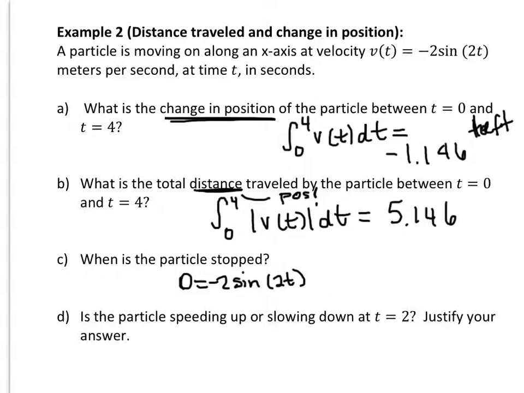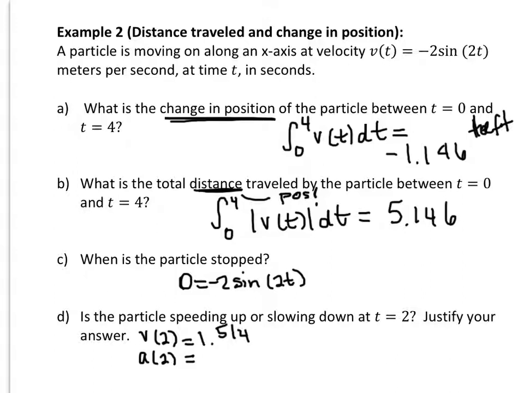Is the particle speeding up or slowing down at time t is 2? Remember to check speeding up or slowing down. I need to check both velocity and acceleration. The velocity at 2, again, according to my calculator, is 1.514.